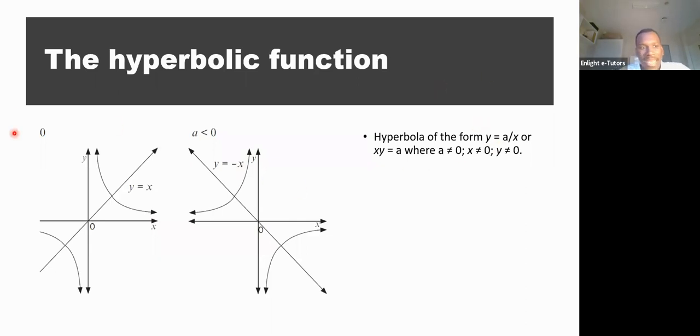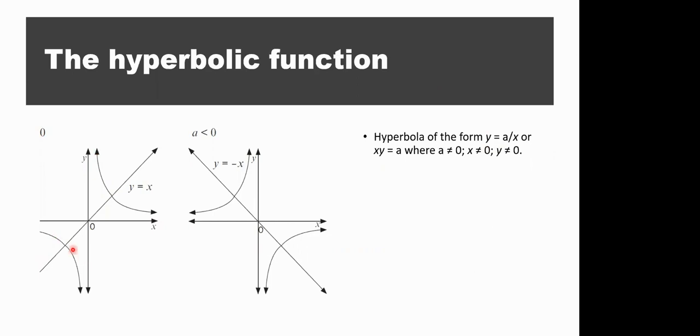What can we do now when things are like this? If your a is greater than 0, listen carefully, then your graph will occupy the first quadrant and the third quadrant. You understand me?